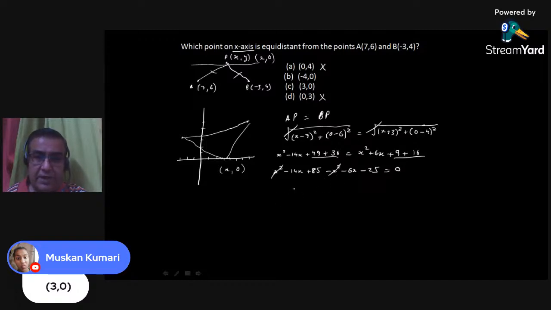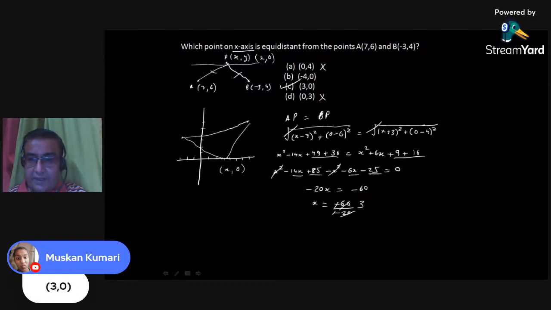So minus 14x minus 6x will give us minus 20x, should be equal to 85 minus 25 is 60. When I take this to the other side, it becomes minus 60. So x will then be equal to minus 60 upon minus 20. Minus minus gets cancelled and this becomes 3. So yes, Muskan is correct. 3 comma 0 is the correct option.